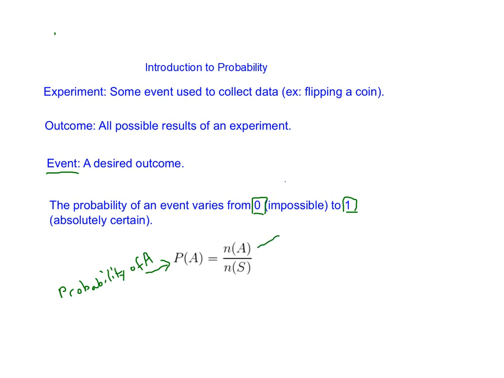So this N here just means the number of elements in this set A, and we divide that by the number of elements in S. S is that universal set, all the possible outcomes. So this is the total number of outcomes.